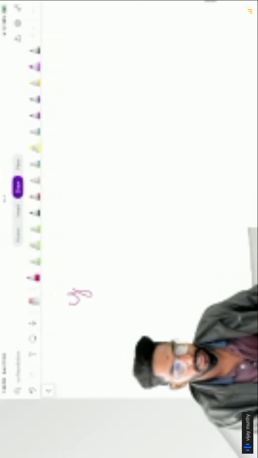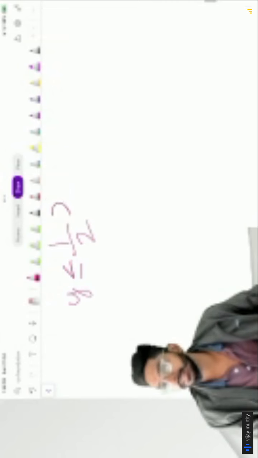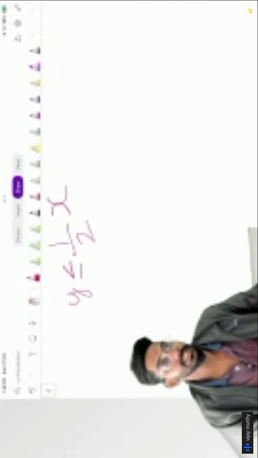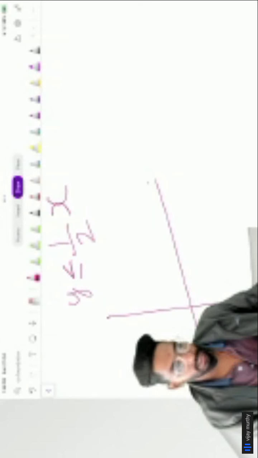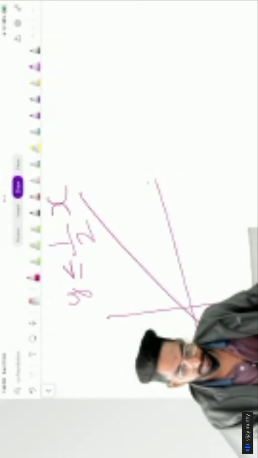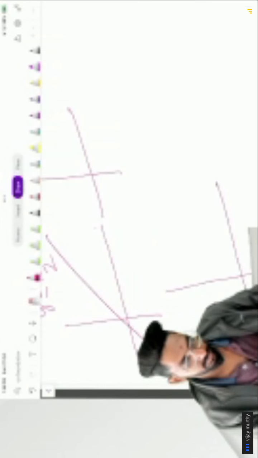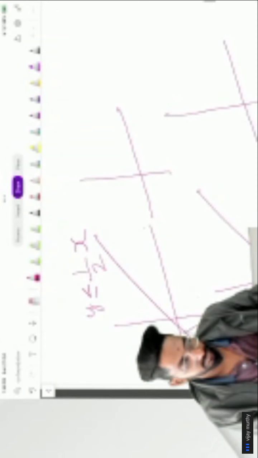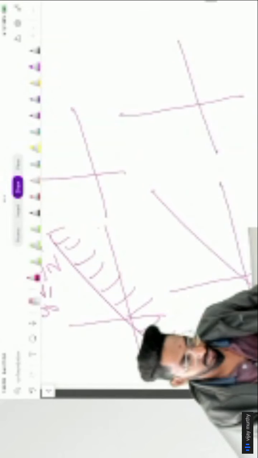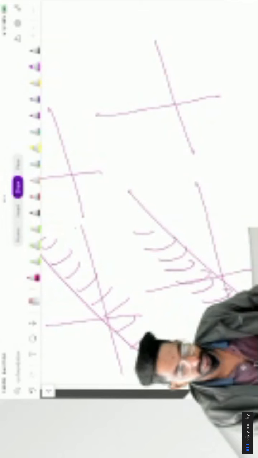y is less than or equal to 1/2 x. What is the feasible region? Which side, and how will you draw it? If just the line is drawn, nothing.